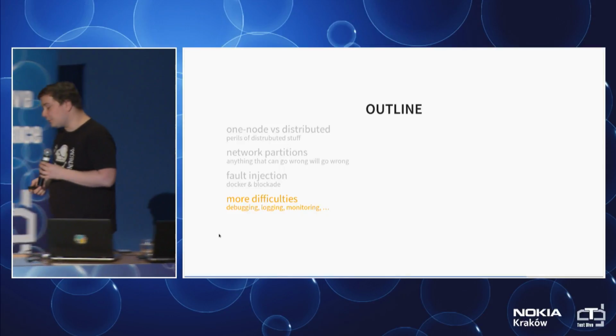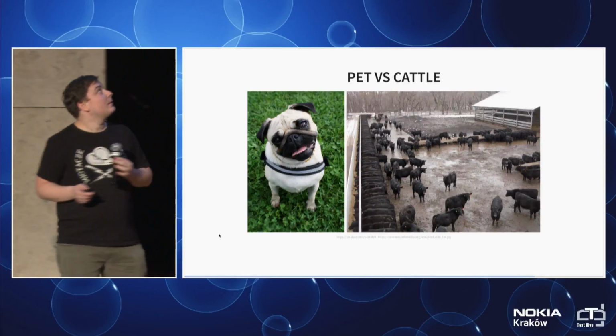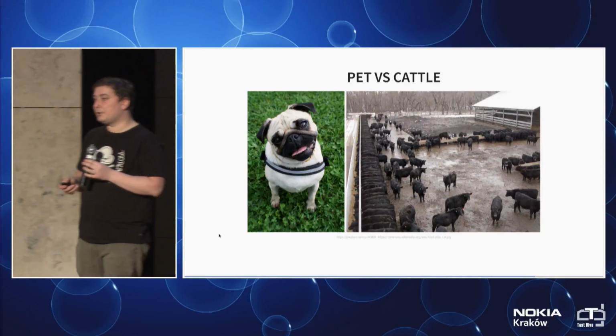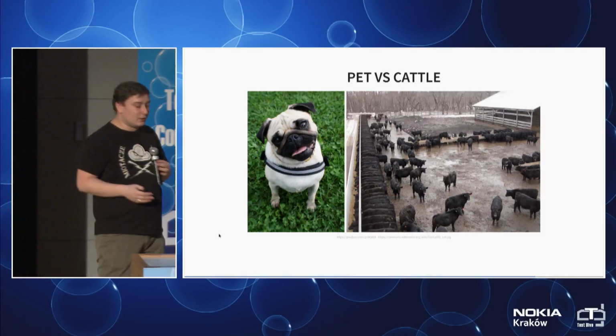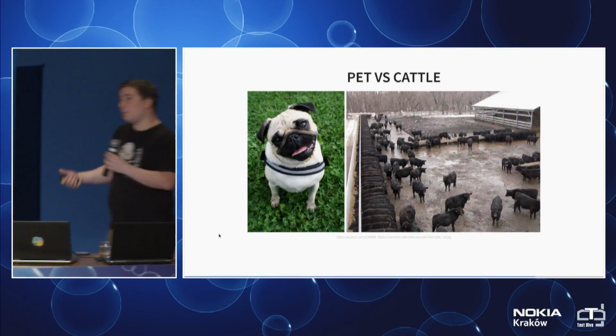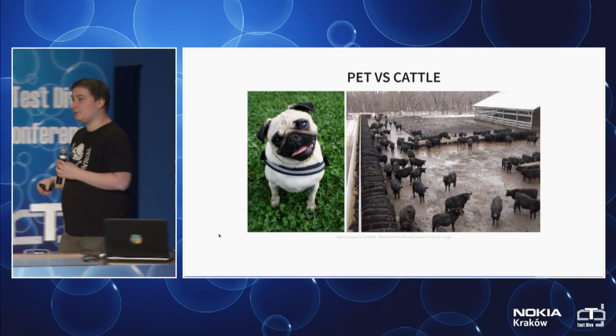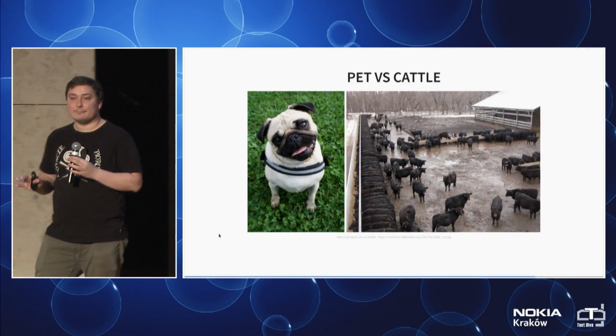Okay, and the last thing that I like to discuss is the difficulties that we have when working with distributed applications. And it basically boils down to a famous comparison between pet and cattle. You know this comparison? So basically, when you are working with single nodes, you can remember the IP address, you name this, you can configure everything by hand, and it's so nice, right?